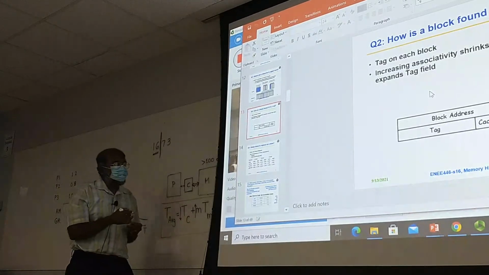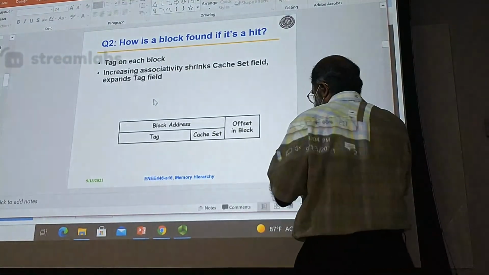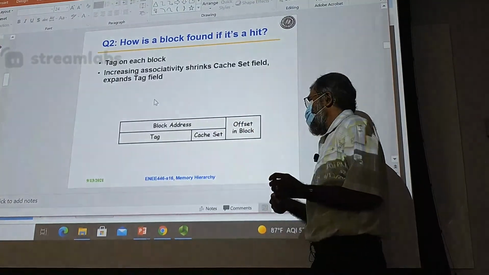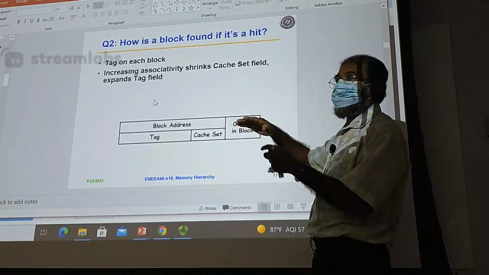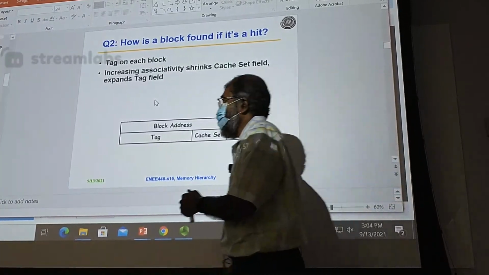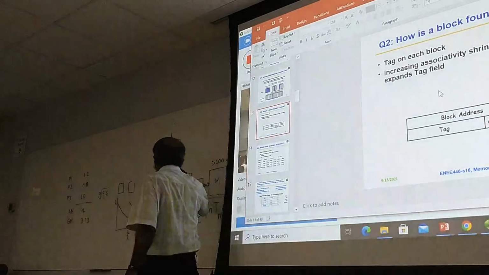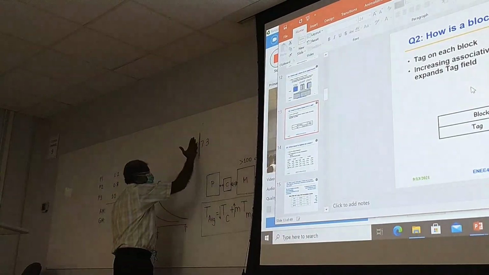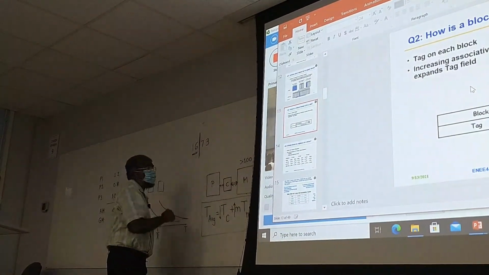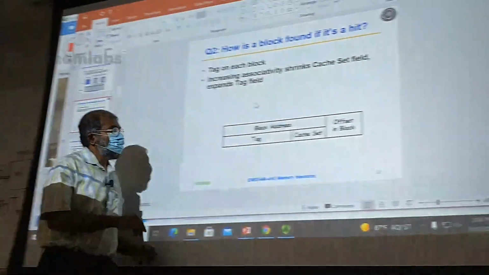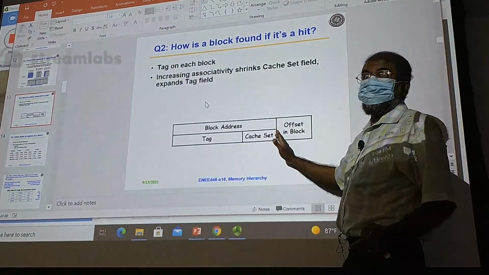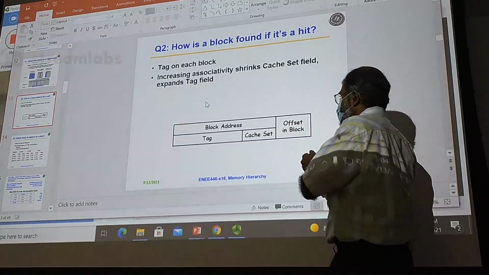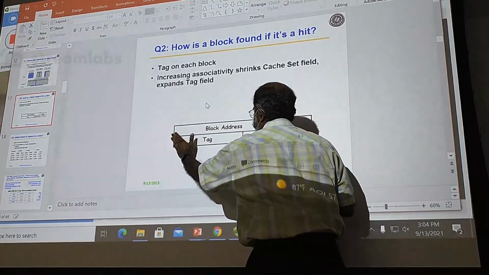The same way, you have this big address, and it's a binary address, but the block size is kept as a power of 2, just like 100 is a power of 10. So the division becomes straightforward. You don't really need to do any division, just partitioning of the bits. So this straight away gives the block address.